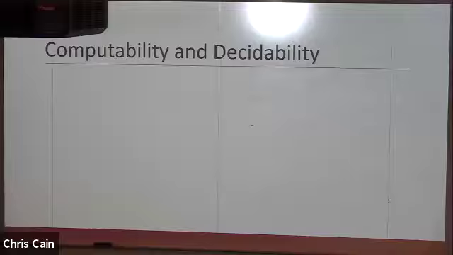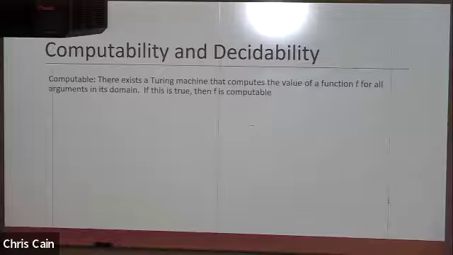So we'll get into first the concept of computable. In order for a problem to be computable, we must be able to construct a Turing machine that computes some function for all arguments in the domain of that problem. If that is true, then this function is computable.